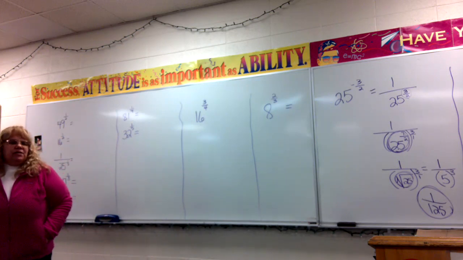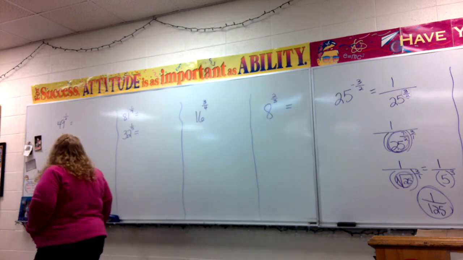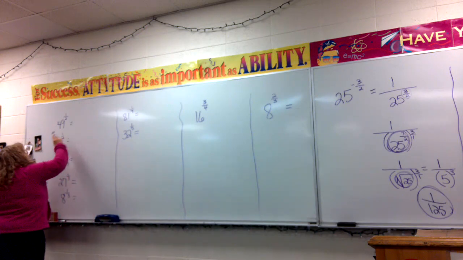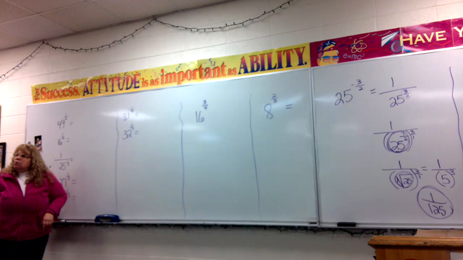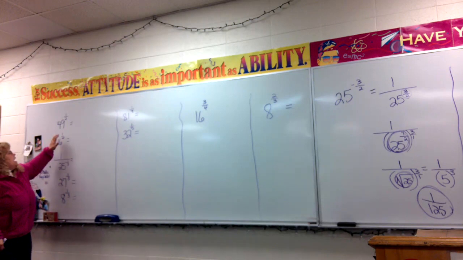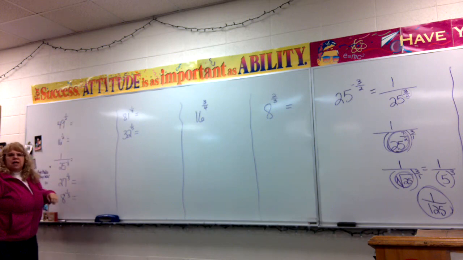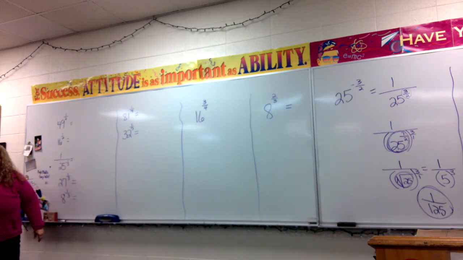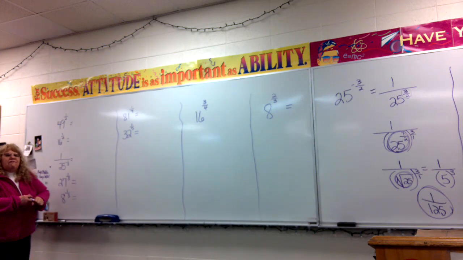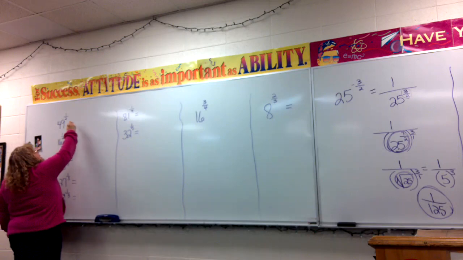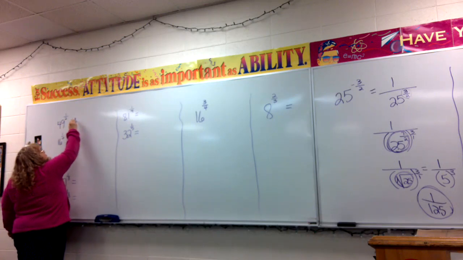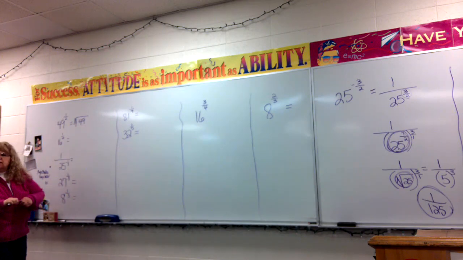The thing that the book assumes you know, 49 to the 1/2 power. Well, if you think about that, how can I multiply 49 by itself a half a time? That doesn't really make sense. So the definition is this. 1/2 power means take the square root.